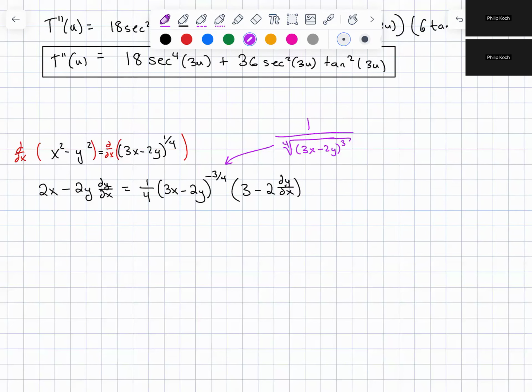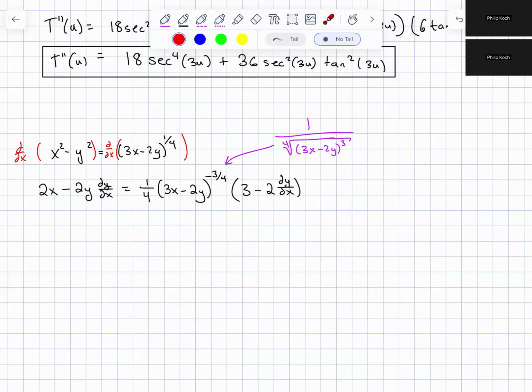One option would be to multiply both sides by the 4th root of 3x minus 2y to the 3rd power to cancel it out on the right-hand side. That would work, but there are so many different options. The brute force approach would be to distribute it in, which is probably what I'm going to do. Just do it by brute force instead of being clever, because when it comes to exam time, I don't think we're trying to spend time being clever. We're trying to solve it as quick as possible.